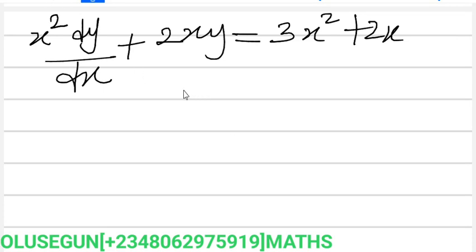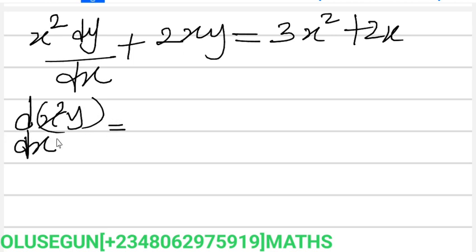Therefore, in having this, you have to discover one fact about x squared dy/dx plus 2xy. Let's remind ourselves about differentiation by the product rule. For example, you have to differentiate x squared y. This is a product rule.